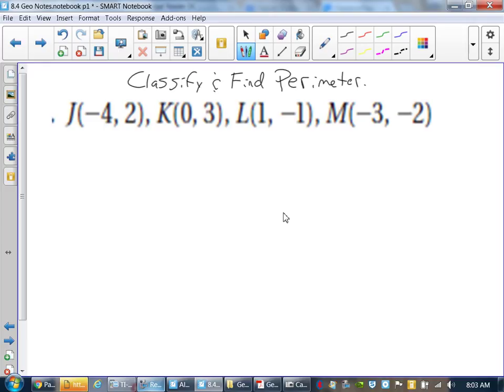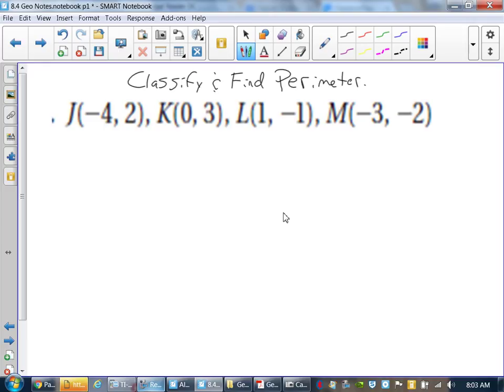The easiest way to do that, a lot of times, well, slopes will help us to tell we know they're going to be parallelograms. They have to be, but it's not going to help us with distances. So what we need to do is figure out the distances between each of the four sets of points. Now remember, distance formula is just the long-winded version of the Pythagorean theorem.